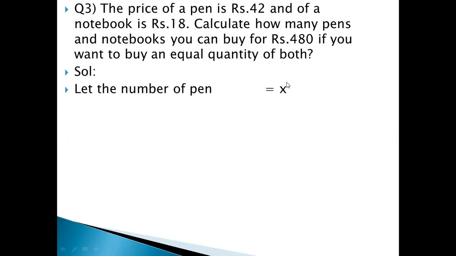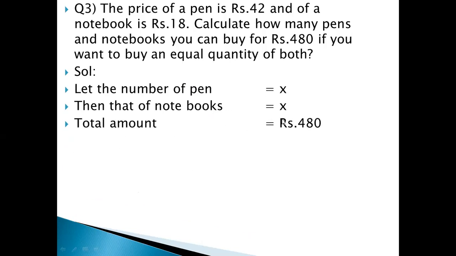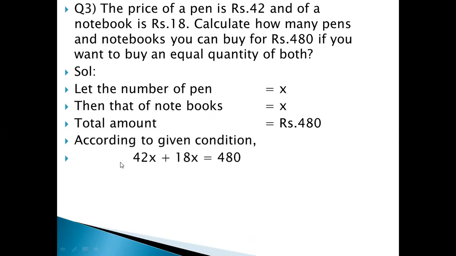So let the number of pens, we suppose that it is x, and the number of notebooks is also x. So the total amount is 480 for both. According to the given condition, 42 rupees for a pen, so 42x, and 18 rupees for a notebook, so plus 18x is equal to 480.